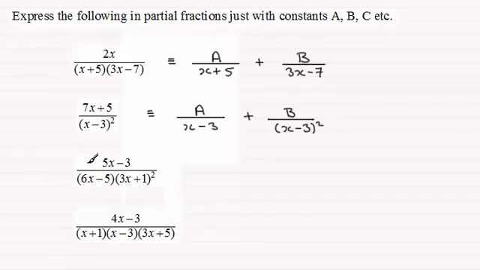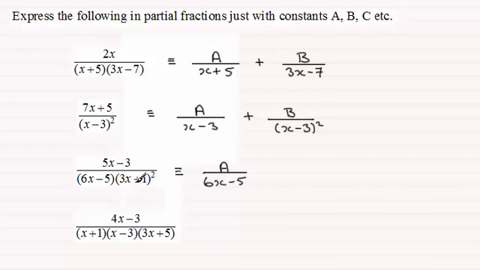And for the next one here, 5x minus 3 all divided by 6x minus 5 multiplied with 3x plus 1 all squared, what we've got here is one linear factor, 6x minus 5, and here we've got a repeated linear factor, 3x plus 1 all squared. So this would give rise to a constant, a, over the first linear factor, 6x minus 5.